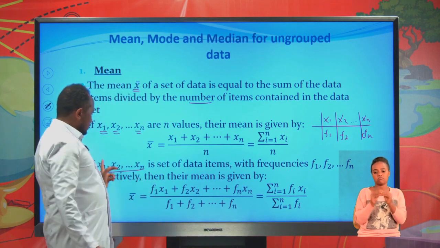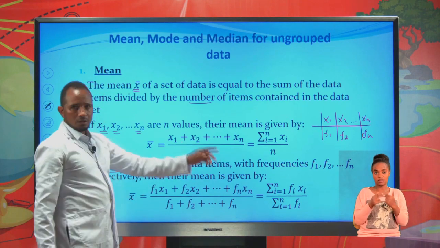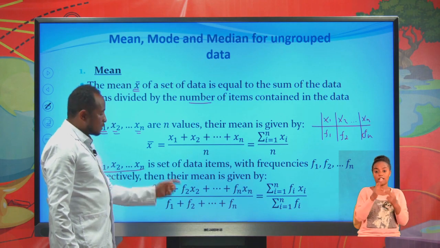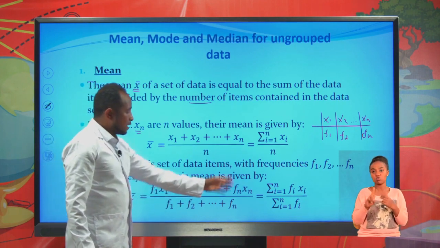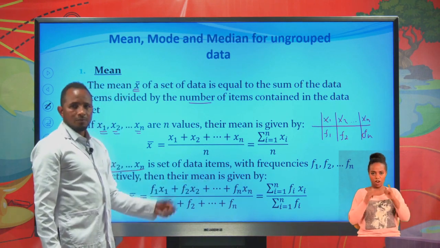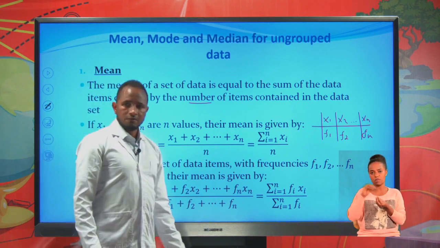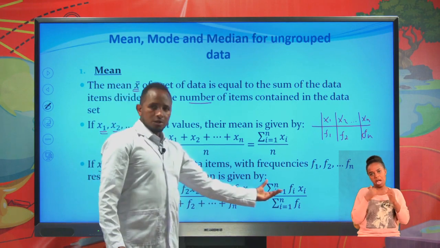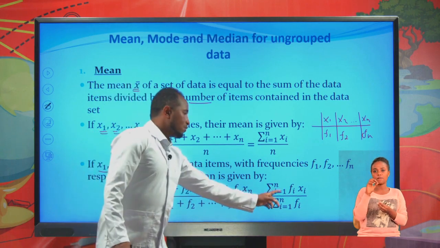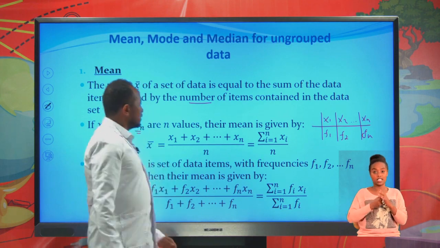So if x1 occurs f1 times, x2 occurs f2 times, and so on, xn occurs fn times, the mean is computed in this form: f1 times x1 plus f2 times x2 plus up to fn xn, divided by the total number of data. The total number of data is the sum of the frequencies, f1 plus f2 plus up to fn. I can write this using summation notation in this form: the summation of fi xi, where i starts from 1 up to n, divided by the summation of fi, where i starts from 1 up to n.